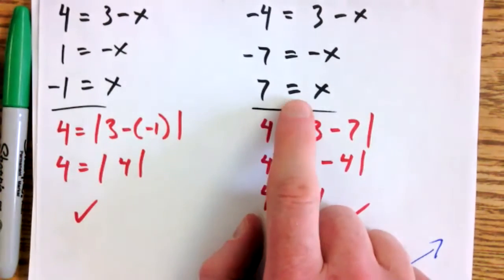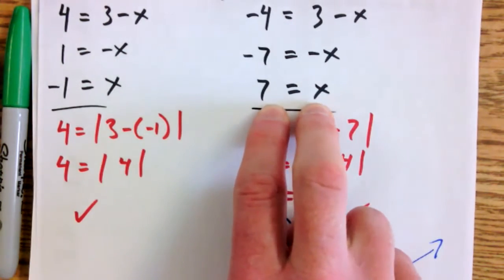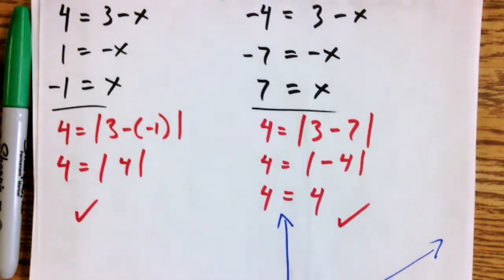Whatever you do to one side, do to the other. If you divide by negative 1, then there's going to be an x, it cancels out.